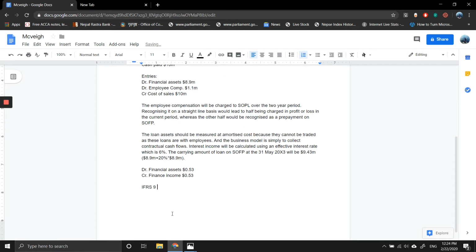After that, IFRS 9 requires that a loss allowance is calculated for financial assets measured at amortized cost and fair value through other comprehensive income, unless the financial asset is equity.